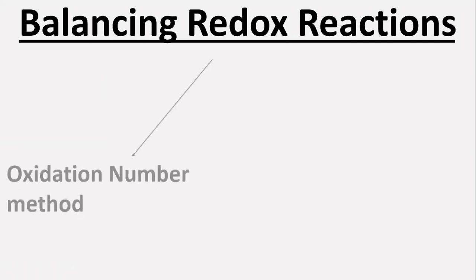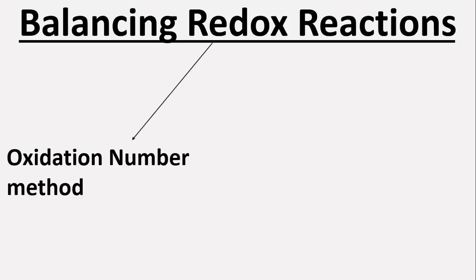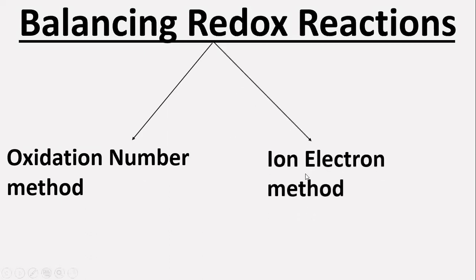Okay. See now, we all know the balancing of redox reactions is done by two methods. One is the oxidation number method and the other is the ion electron method, right? First, let us see how to balance the redox reaction based on the oxidation number method.